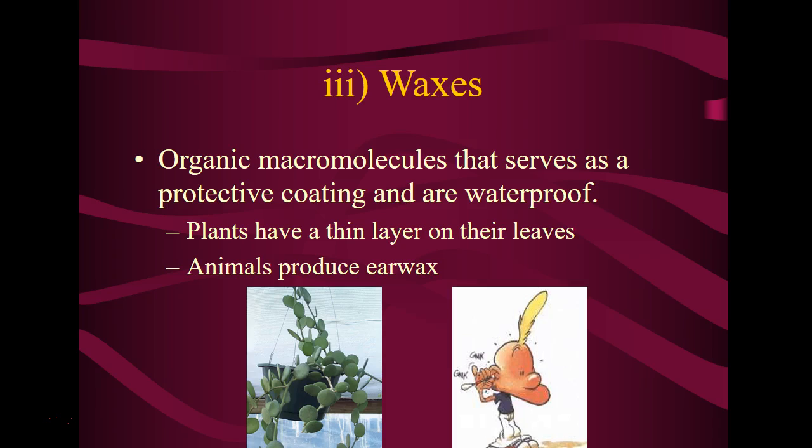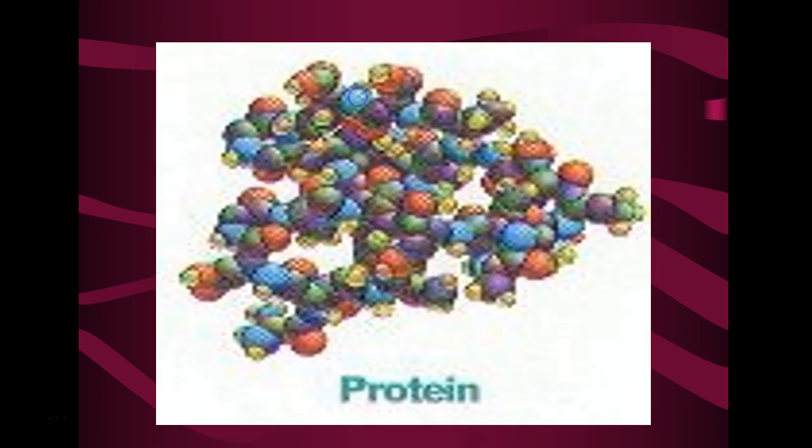So that's a lipid. And also your earwax. So if you reach in your ear and pull out a big heaping helping of earwax, that is a lipid, and that's for protection inside your ear canal.